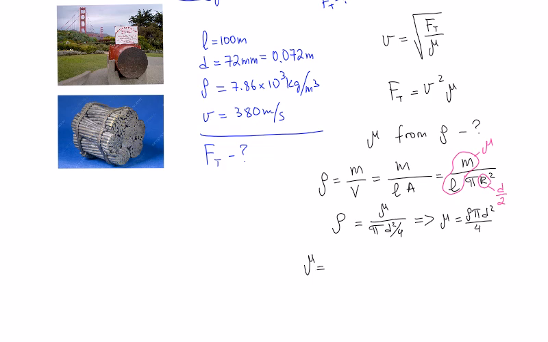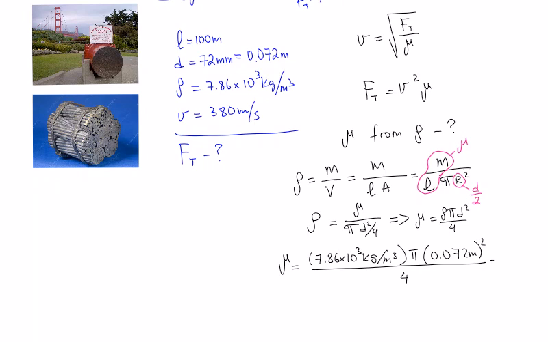For rho, I'm going to put 7.86 times 10 to the 3 kilograms per cubic meter, times pi, times 0.072 meters squared, divided by 4, which when you plug it into your calculator, you will get 32 kilograms per meter.